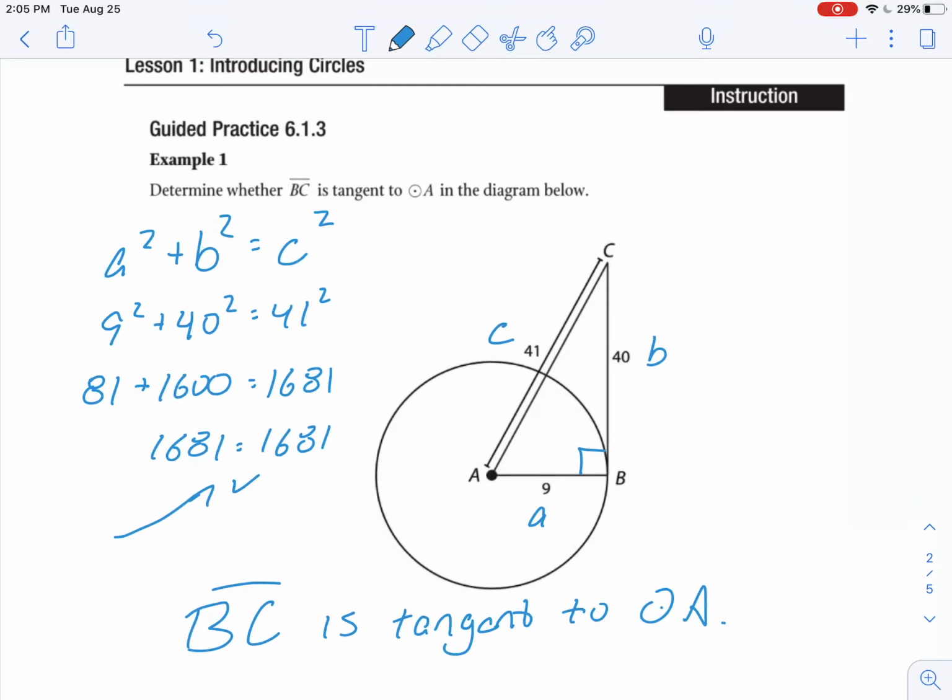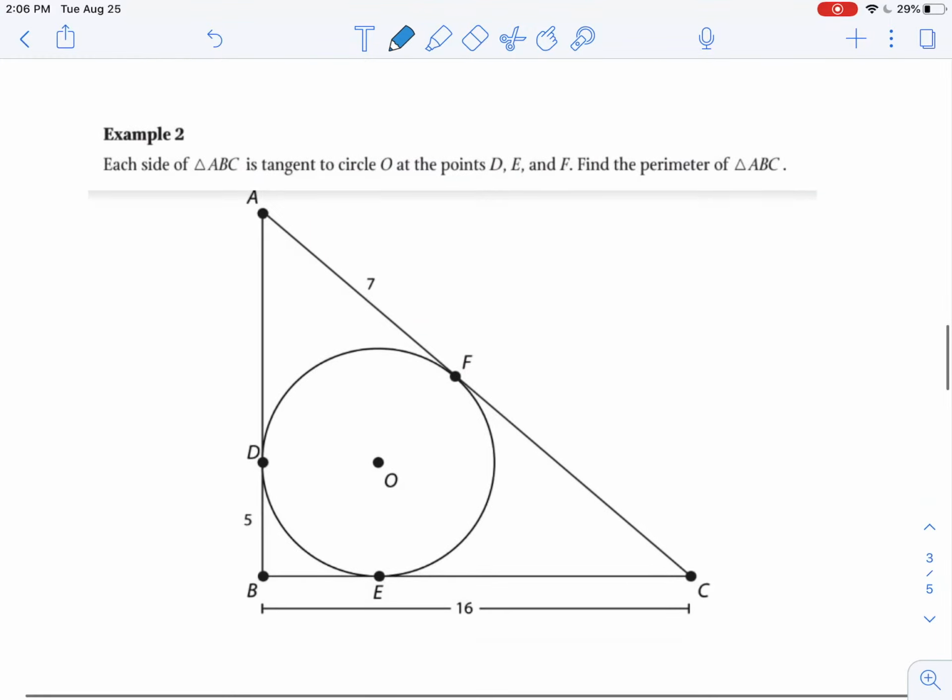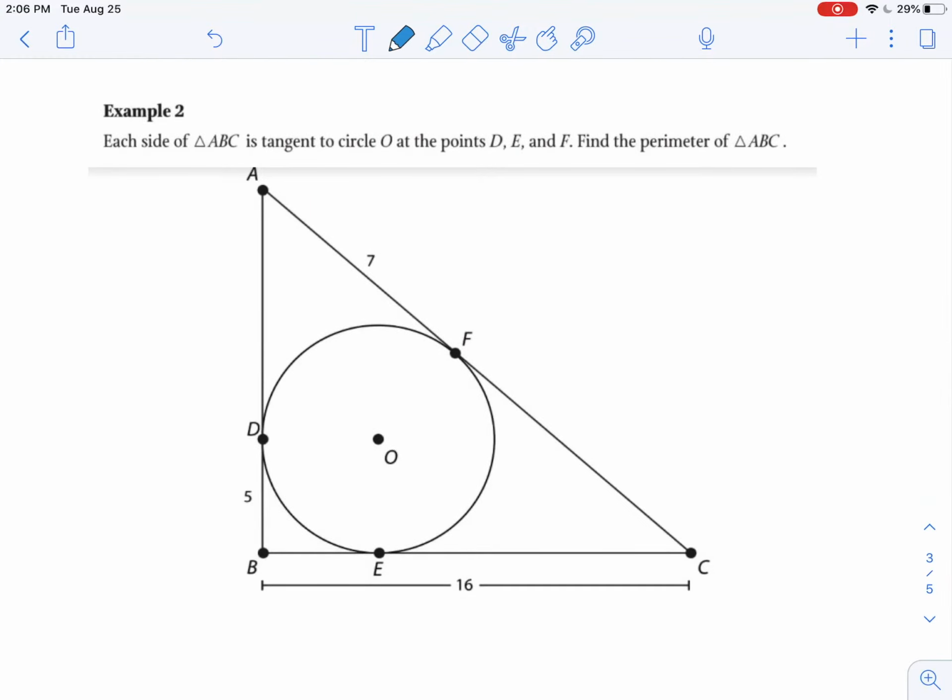Okay. Let's move on to the next example. Example 2. Each side of triangle ABC is tangent to circle O at points D, C, and F. Find the perimeter of triangle ABC.